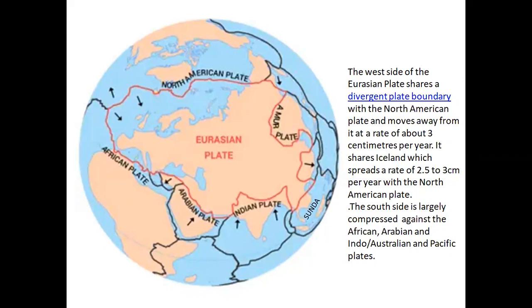And there's discussion also whether or not the Eurasian Plate should include the small plates of Anatolia in Turkey, with the arrow in it, or the Hellenic Plate south of Greece.